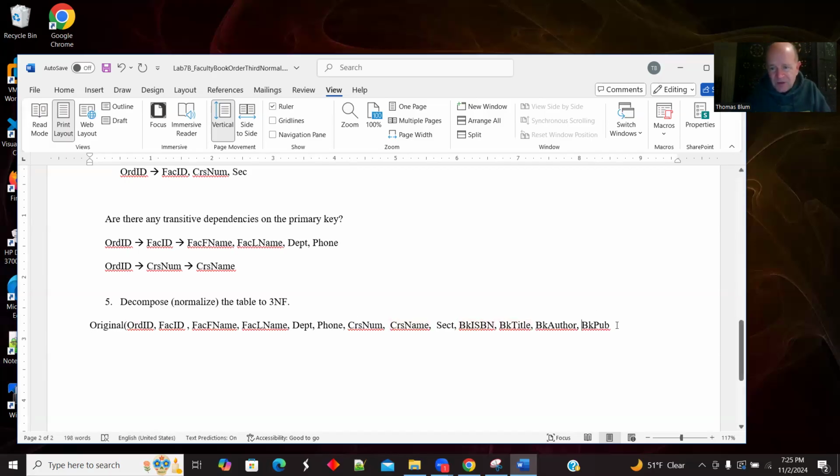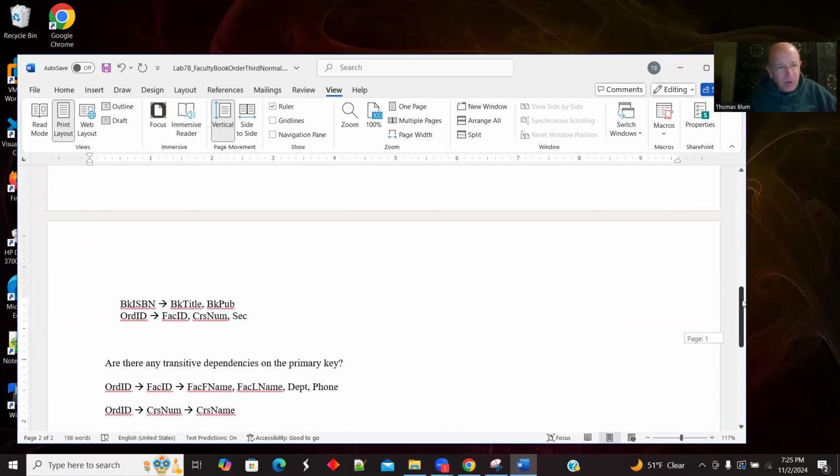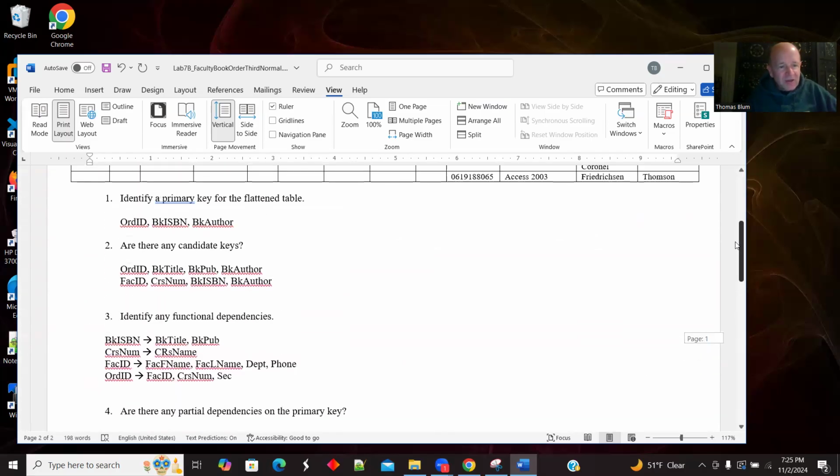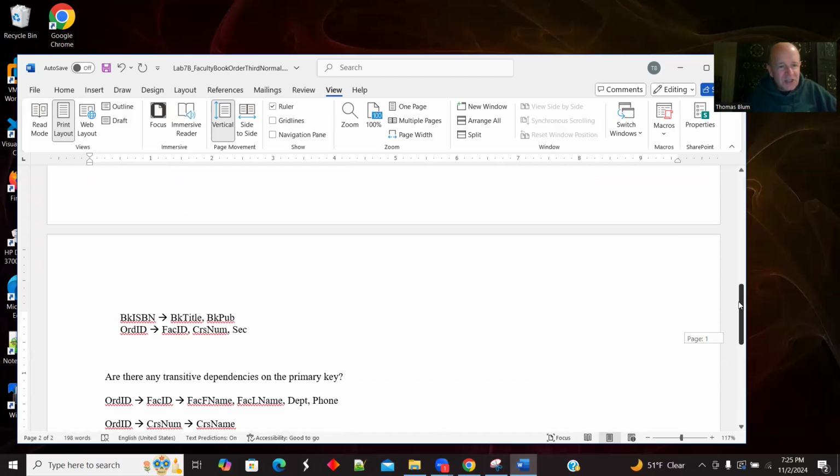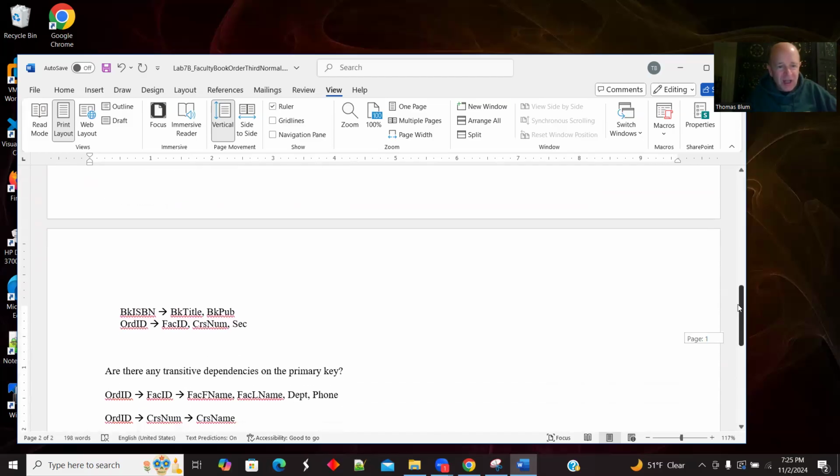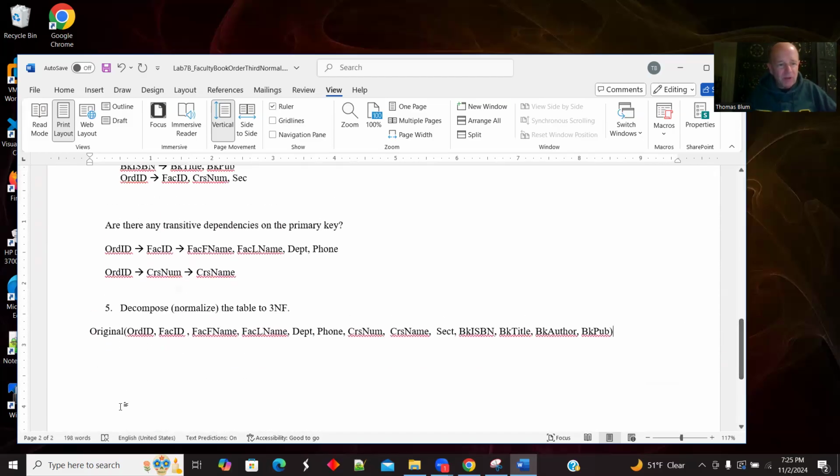Okay. So this is our original table, and then we start to pull things out. There was a suggestion here at the partial that book title and book publisher ought to be a book table, which is going to depend on the book ISBN serving as that ID.